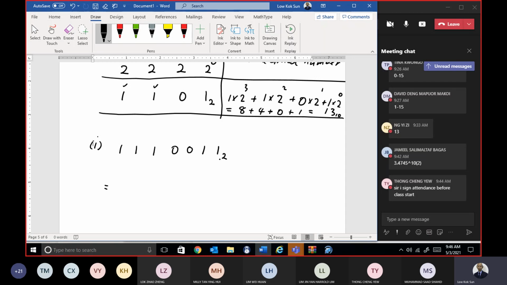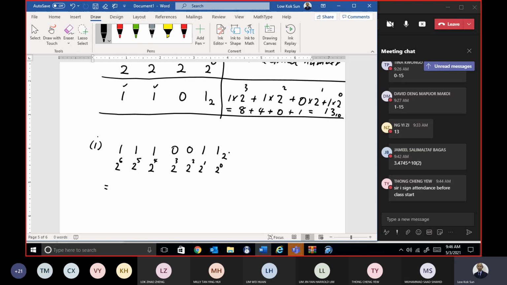Now this number has a value of 2 power 0, power 1, power 2, power 3, power 4, 5, and 6.